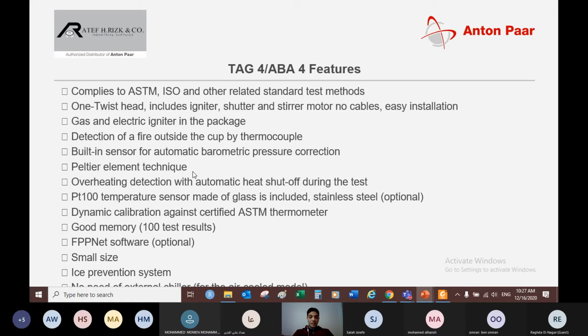We have a Peltier element, which is the most advanced tool in controlling temperatures, and automatic overheating detection and shut off during the test. We also have a memory that can store 100 test results, and optional software that enables research purposes and correlating results from one circumstance to another. It has an ignition prevention system and a really small size in the laboratory, so you can save space on your benches.